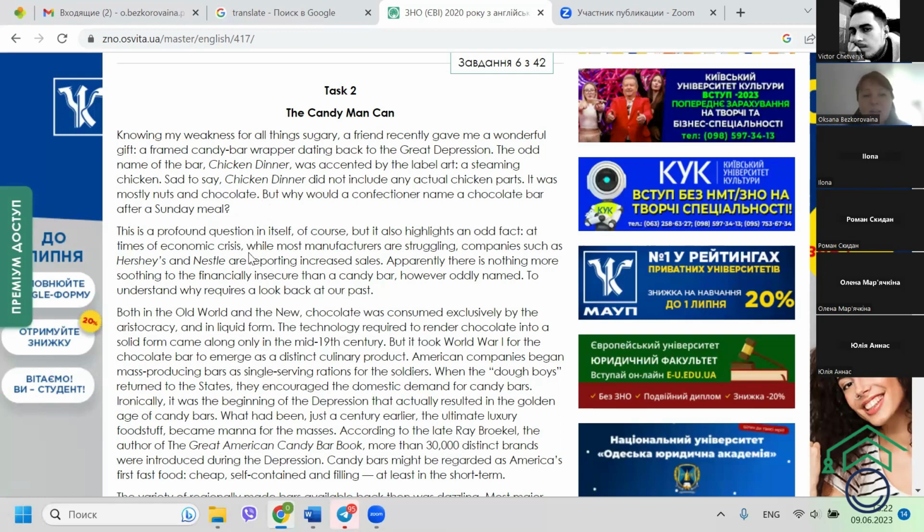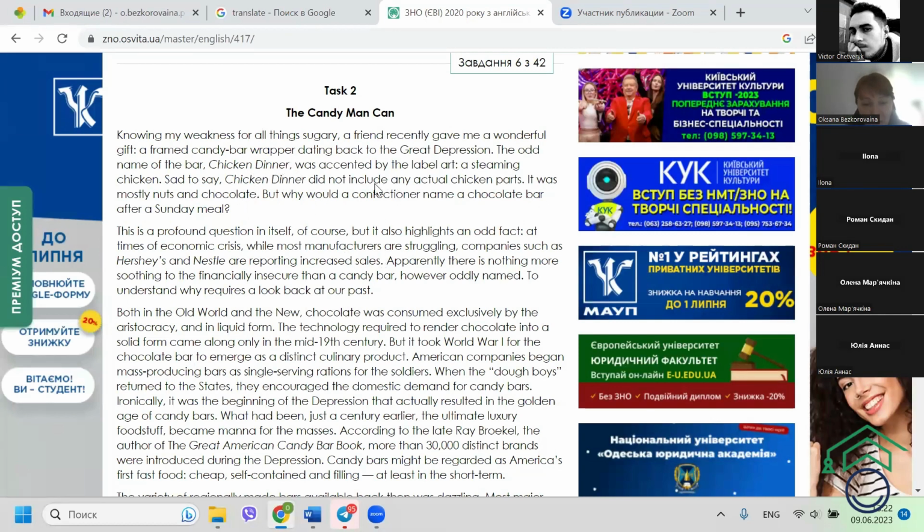Назва, звичайно. Да. The odd name – це перший натяк. Що таке odd name? Дивна назва батончика, який складається з горіхів та шоколаду. Називається він Chicken Dinner. Курячий обід з курки, да? Так, далі.